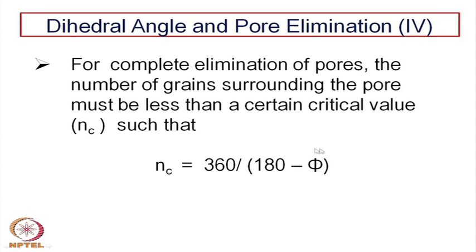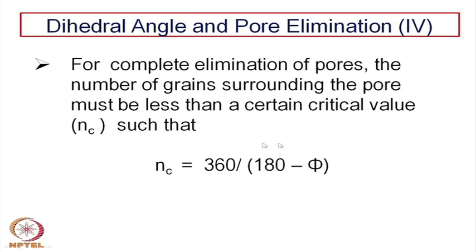If too many grains are surrounding a particular pore, then there is less possibility of pore elimination. So, that also is an important issue while you are trying to see the sintering kinetics or trying to get the theoretical density of a solid.